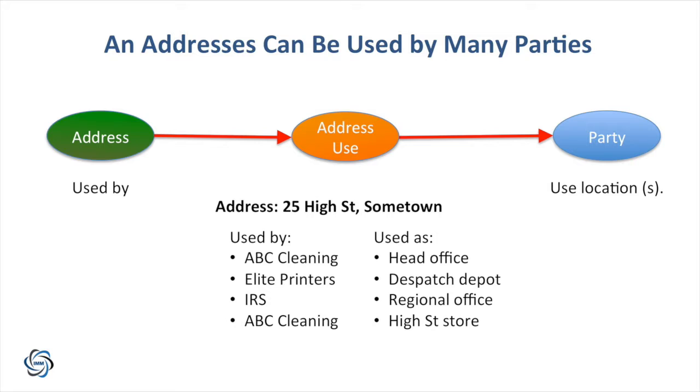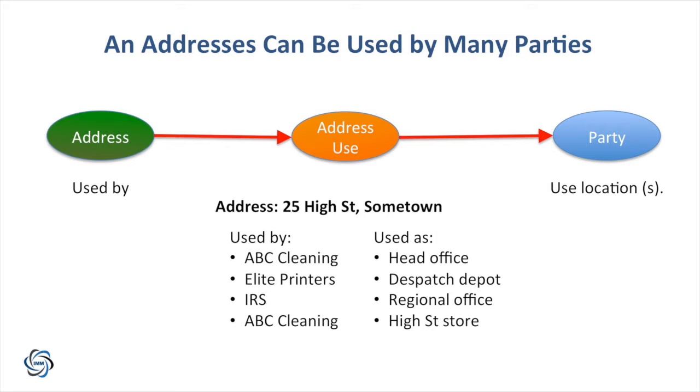For example, if we take the address 25 High Street, it could be used by ABC Cleaning as their head office. It could also be used by Elite Printers as a dispatch depot. Or the IRS might have a regional office there. And ABC Cleaning, as well as it being a head office, makes a second use of it as the high street outlet.